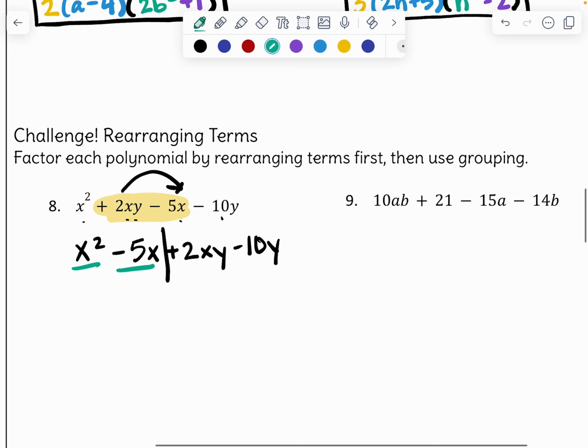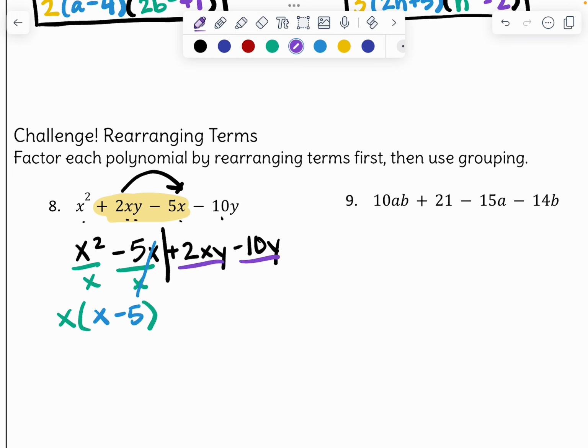These 2 have in common x. X squared divided by x is x. These x's cancel, and I have minus 5. On the right, we're going to take negative 10y divided by negative 5, which is positive 2y.